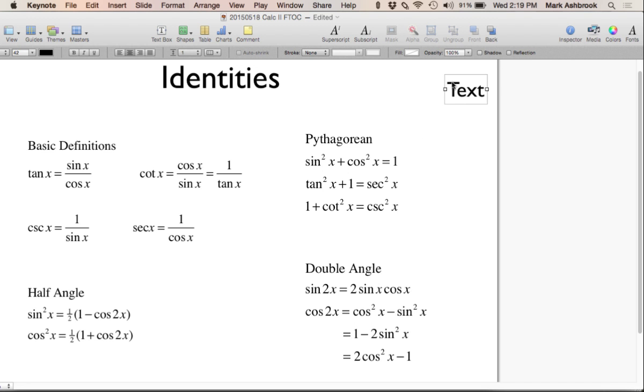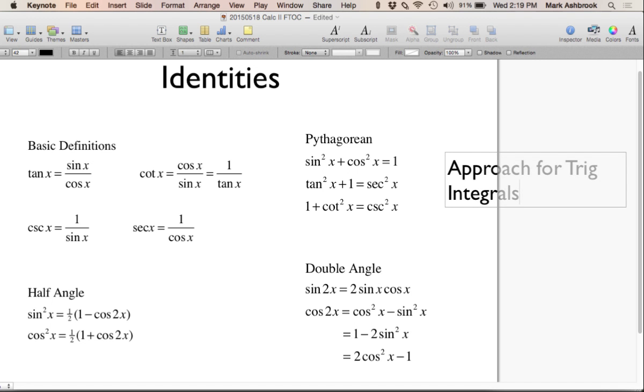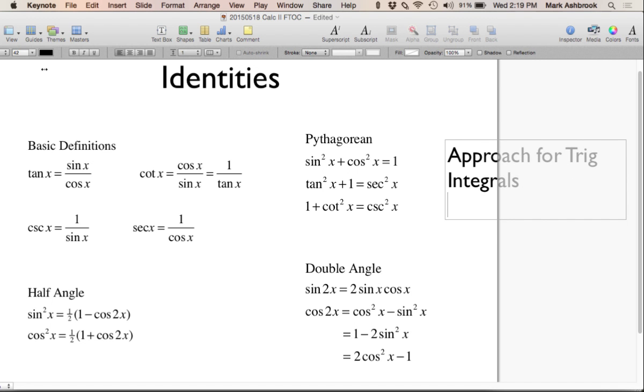let's talk about the approach for trig integrals. All right, so the first thing is identities.